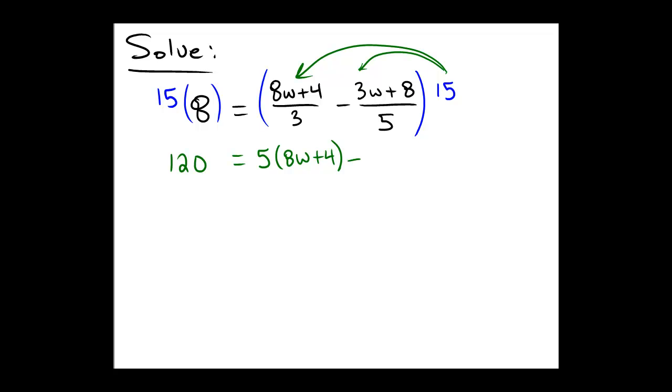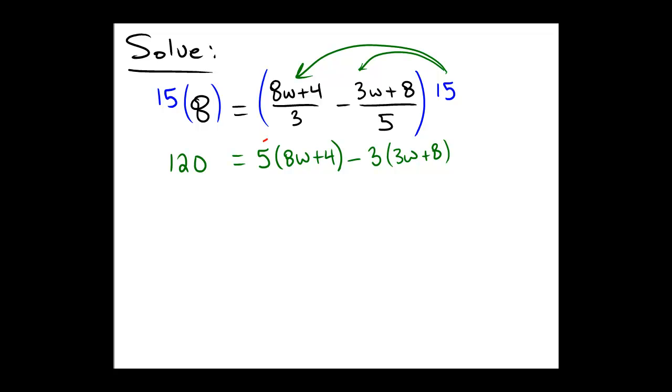Well, it's definitely subtracting. The 15 and the 5 reduce to yield 3, and then the leftover numerator would be 3w plus 8. So what that has done for us is turn it into a problem that does not have denominators, and thus we don't need to worry about finding the common denominator.